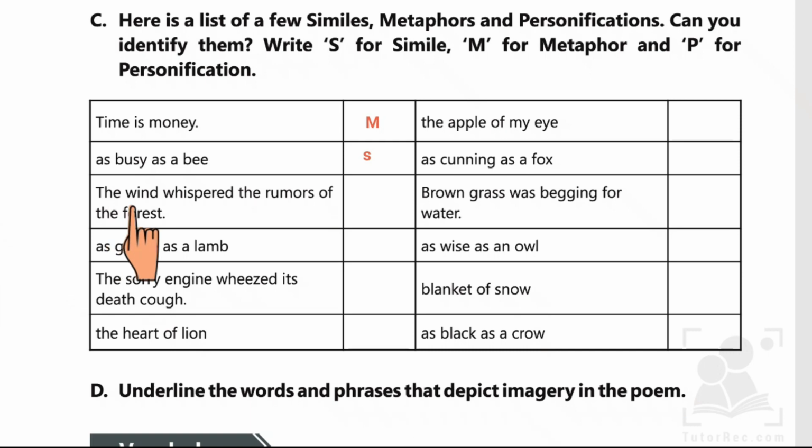Next is, the wind whispered the rumors of the forest. Wind whispered. Whispering is a human characteristic. This is personification. As gentle as a lamb. Simile. The sorry engine wheezed its death cough. Death cough.